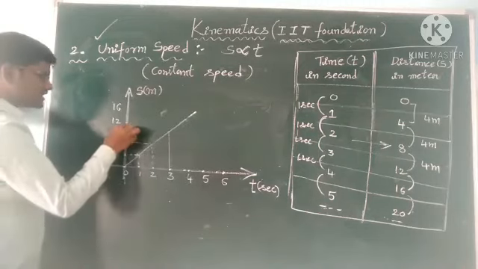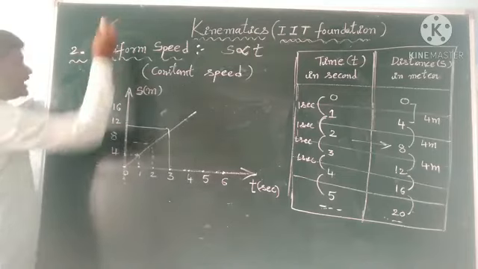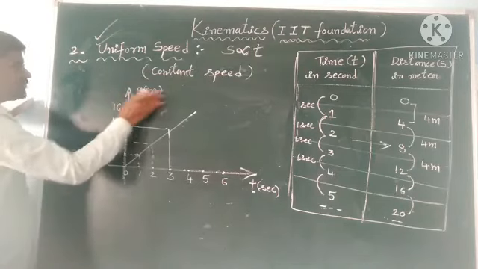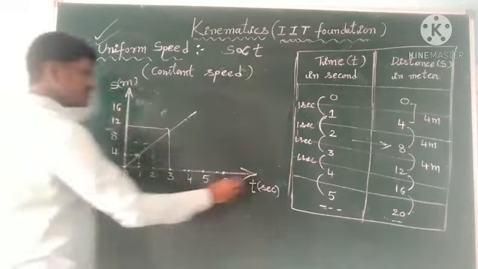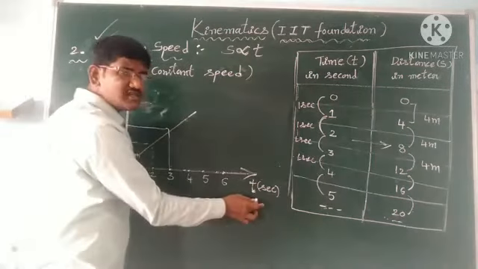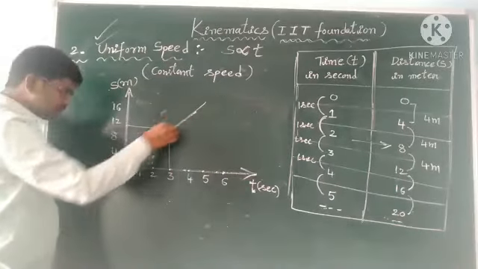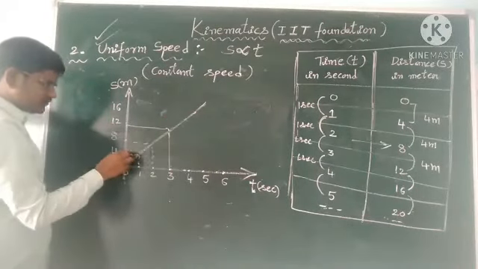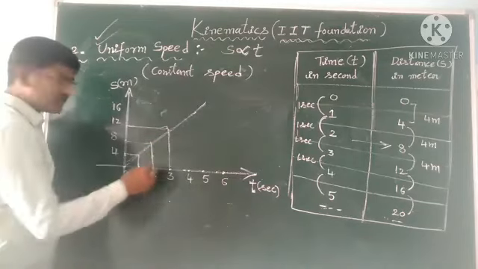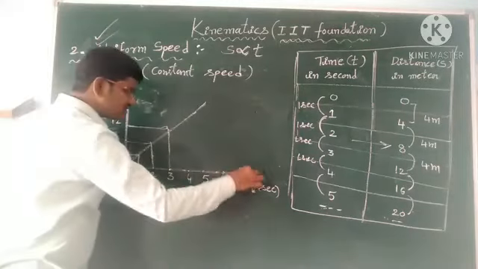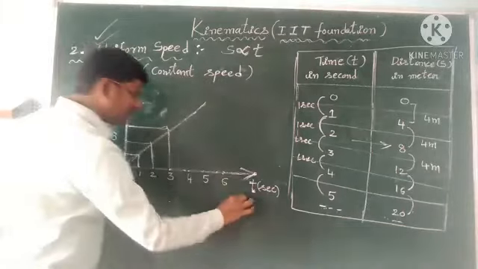It means if the object is moving with uniform speed, and we take distance in meters and time in seconds, then the distance time graph is a straight line. So the distance time graph is a straight line inclined to the time axis.